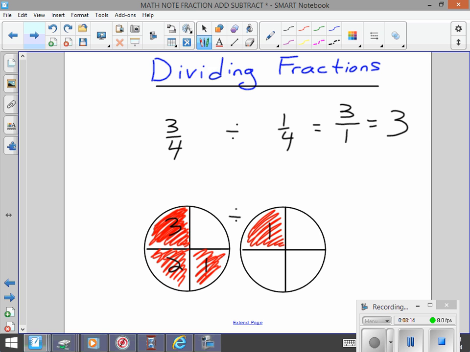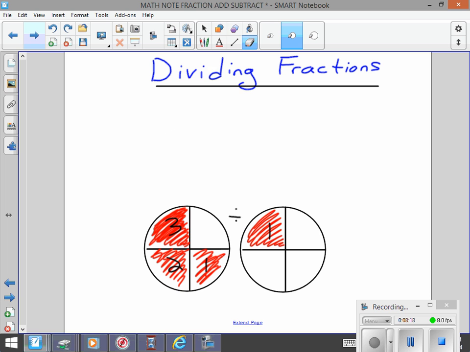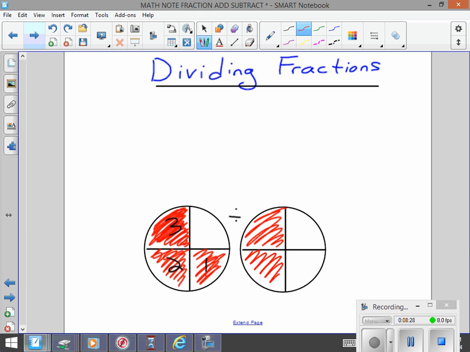Any other example, really. Can I erase that? Sure can. Alright, let's say it was 3/4 divided by a half. That's going to be a little harder. Because yes, the denominators could be divided.